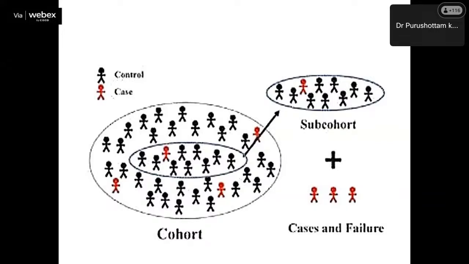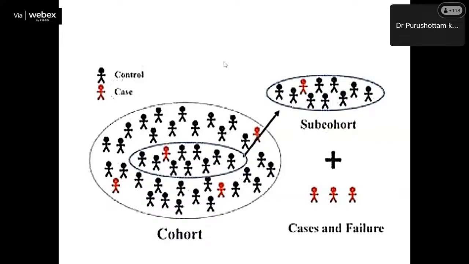See, in the sub cohort only one case is there, but in the remaining cohort, at many places there is red color, that means there are cases. So for data analysis, you take all the cases, what is in the sub cohort and what else in the whole cohort. So जितने भी cases होते हैं आप सबको लेते हो, but जो आप control लोगे, that is taken from the sub cohort only.